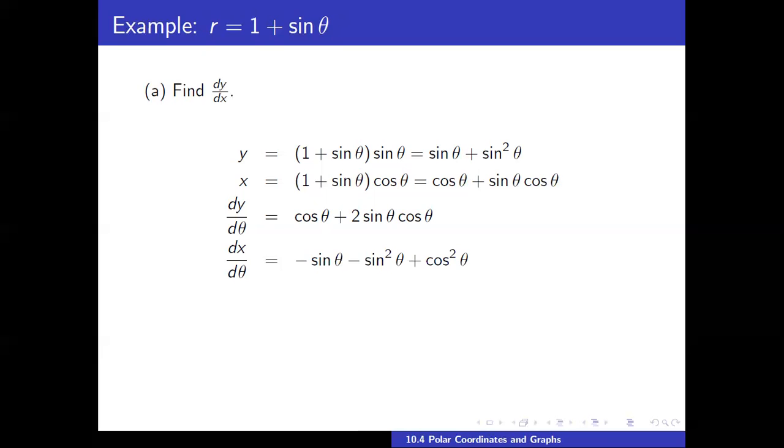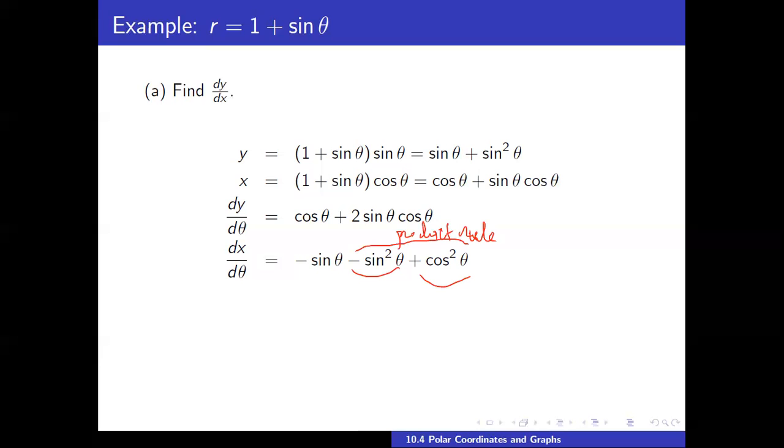This is going to be sine times negative sine, which is negative sine squared, plus the derivative of the first times the second, but that's just the derivative of sine, which is cosine, times cosine, which is where the cos squared comes from. You see what I'm saying here? This part right here simply came from the product rule.